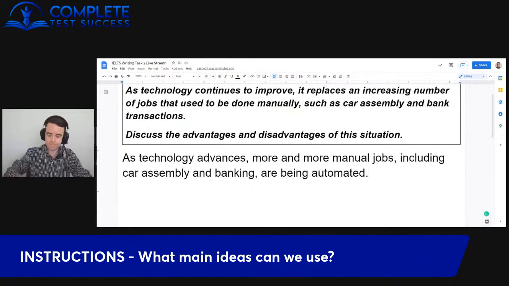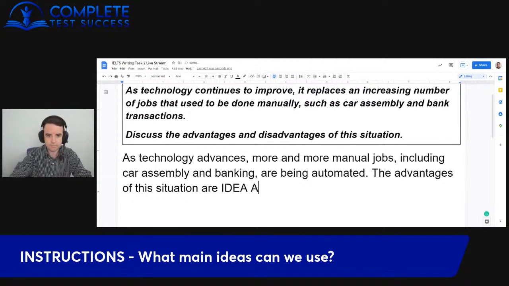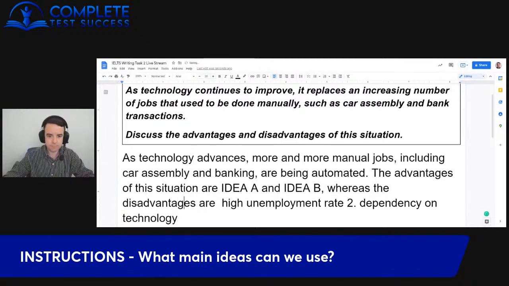Okay, so I'm going to take Rupinder's ideas. Okay, so with Rupinder's ideas, we have suitable ideas.